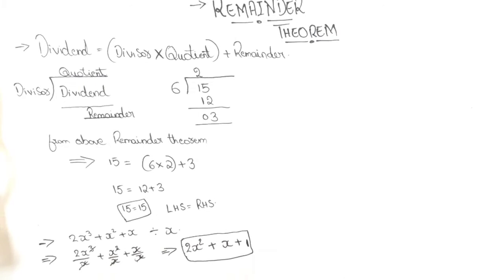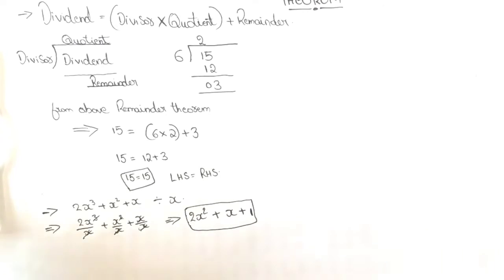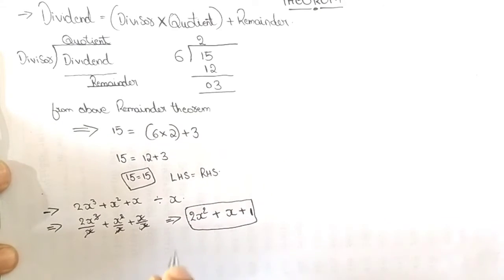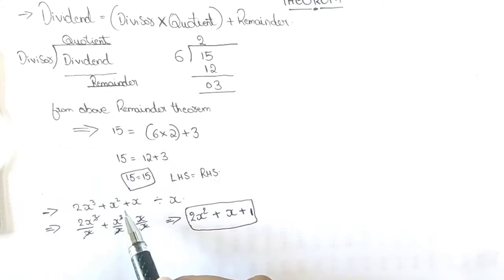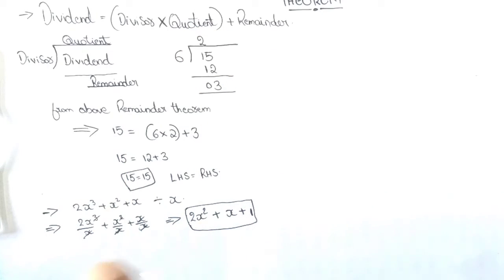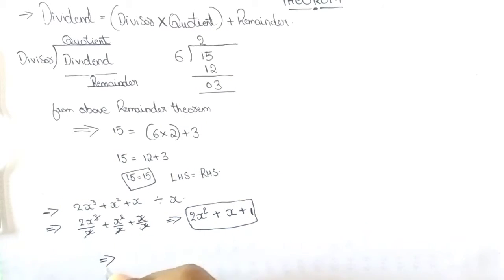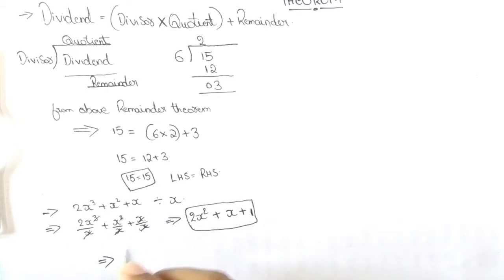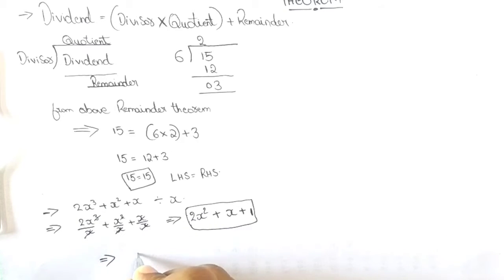Let me write that. We divided this term with x. From the above given equation, we can write this as: the given question is the dividend, the one which we are supposed to divide is the dividend.